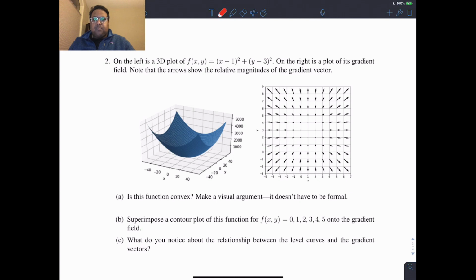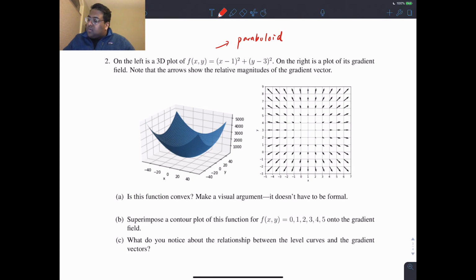So now let's move on to the gradient part of the discussion, so questions 2 and 3. So in question 2, we're given this 3D plot of the function (x minus 1) squared plus (y minus 3) squared. If you've taken 53, you might recognize this as being the equation of a paraboloid, but that's not really important.